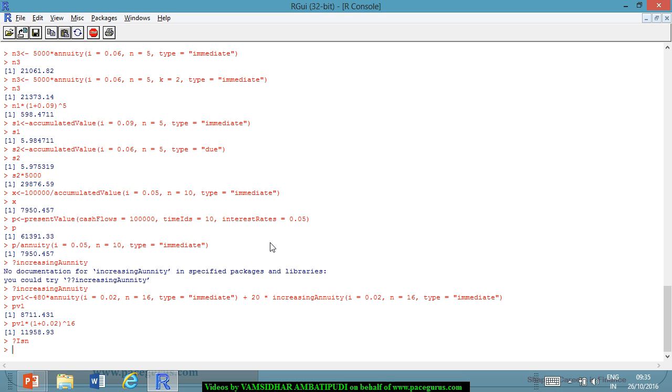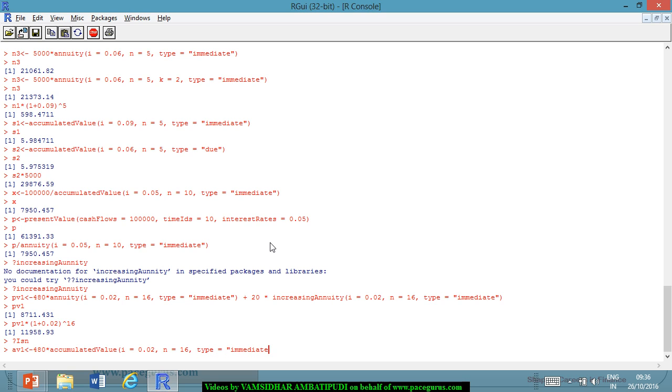So I'll say AV1, which is the accumulated value. Initially for the 480, I'll take the accumulated value formula because it's a regular annuity. Giving the same I equal to 0.02, N equal to 16 and type is immediate.